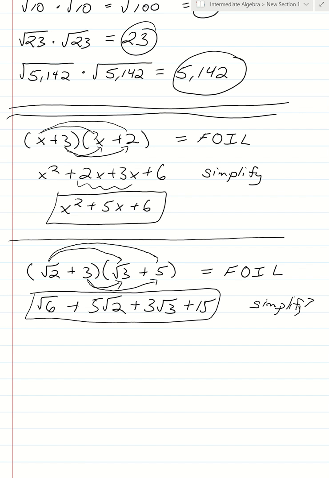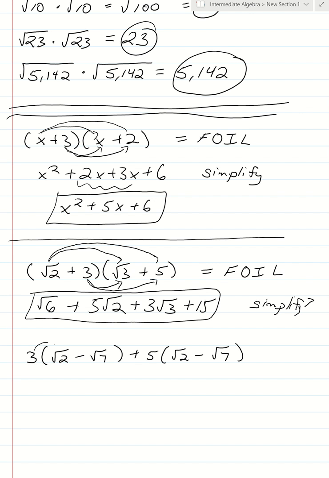What if we had something like this? What if we had a 3 times the square root of 2 minus the square root of 7 plus 5 times the square root of 2 minus the square root of 7? Well, let's see what we're going to have to do here to perform the multiplication.